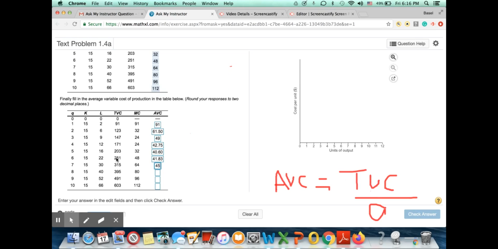Again, I'm just dividing these numbers by the amount of output. For 8, it's going to be 395 divided by 8. I got 49.375, so that we round to 49.38. And 491.